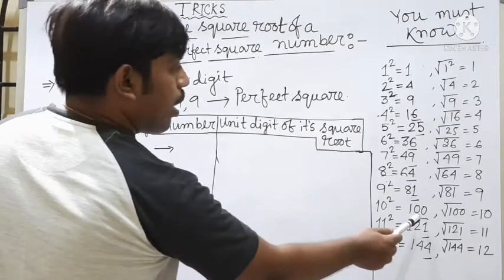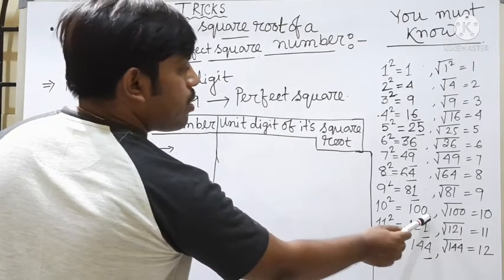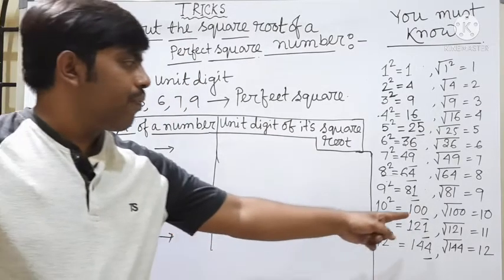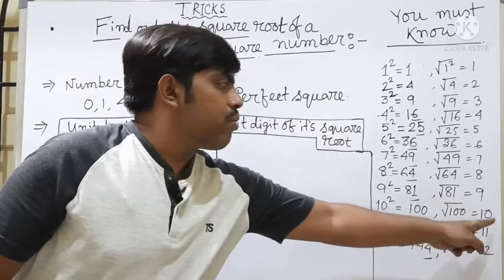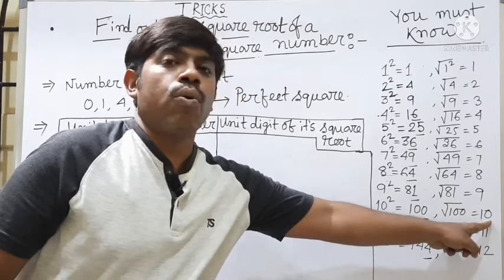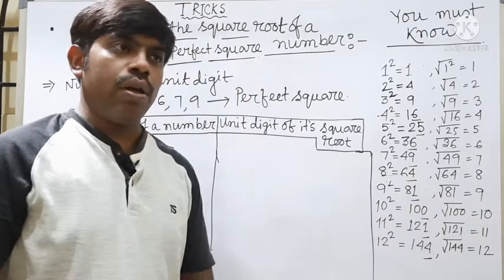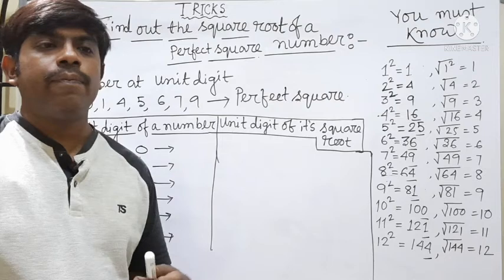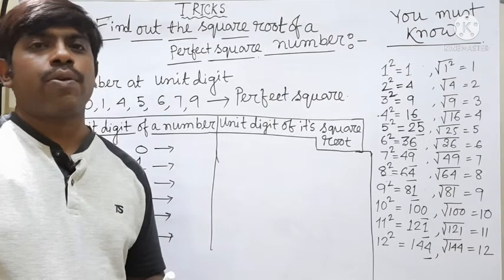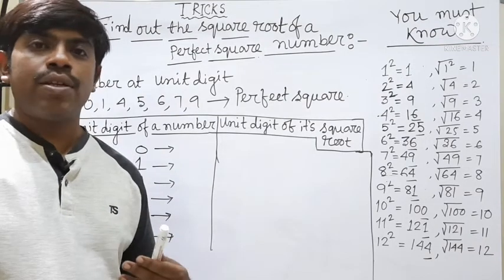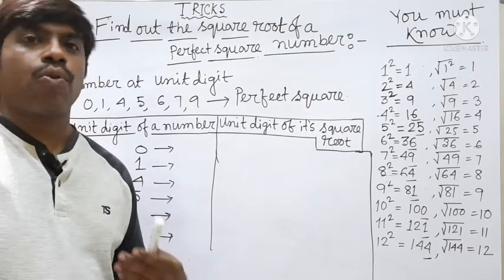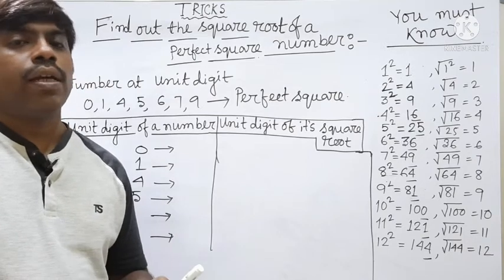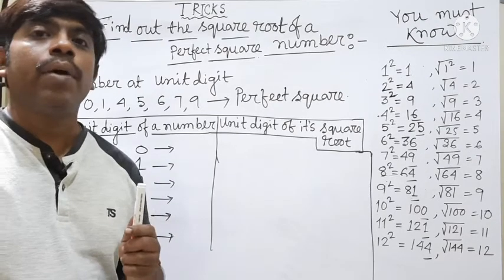Look at the table here: 100, unit digit is 0, therefore the unit digit of its square root will be 0. Similarly for all perfect square numbers whose last digit is 0, the unit digit of the square root will be 0.